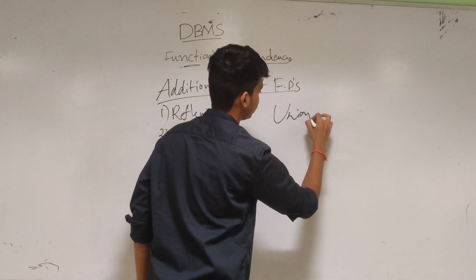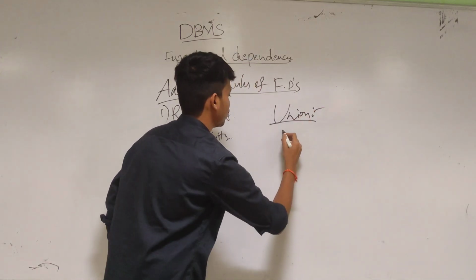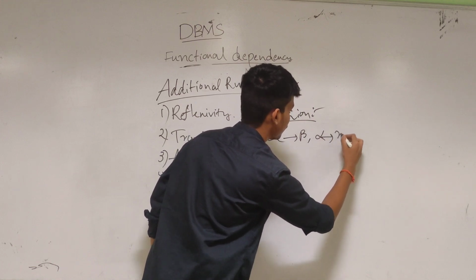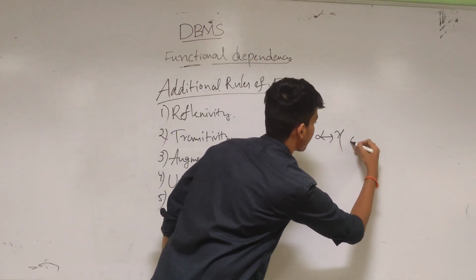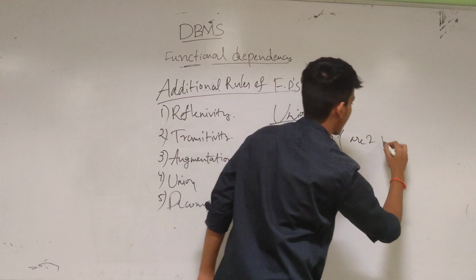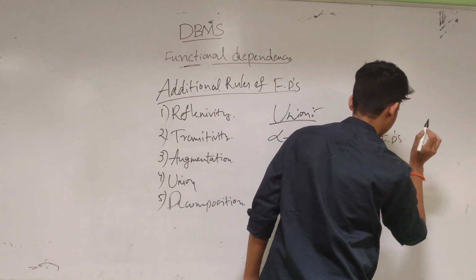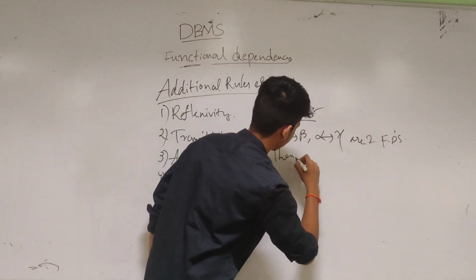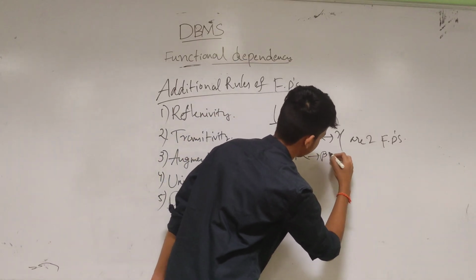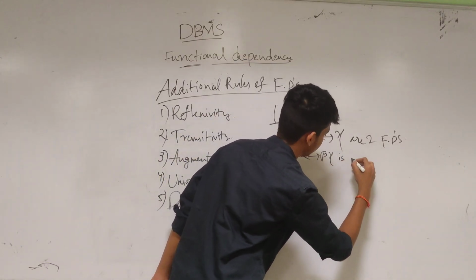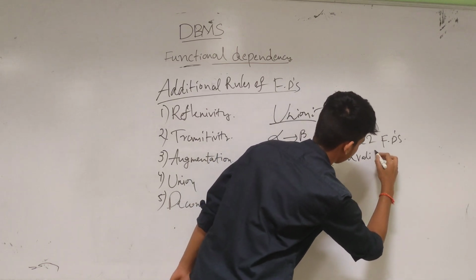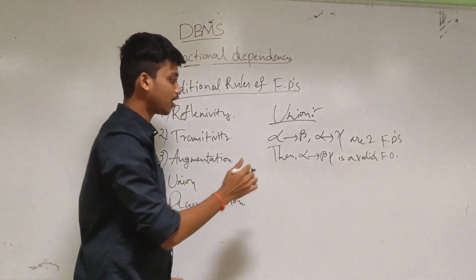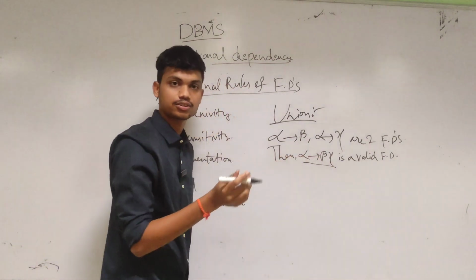Now union. If alpha to beta and alpha to gamma are two functional dependencies, then alpha to beta gamma is a valid functional dependency.